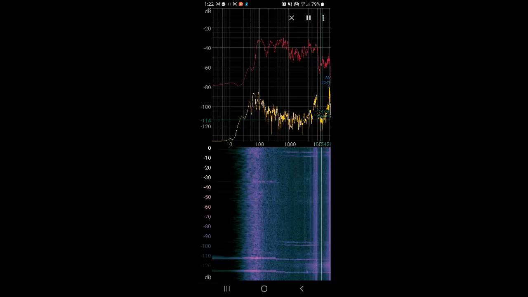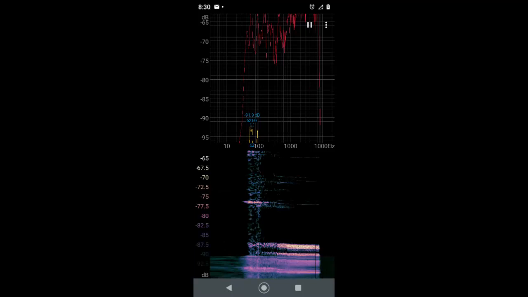I'll have some pictures of that coming up, but this shows what we're looking for. This is just the static with no extra sound, and this is the picture where they turned it off. You can see the difference where the sound disappears.